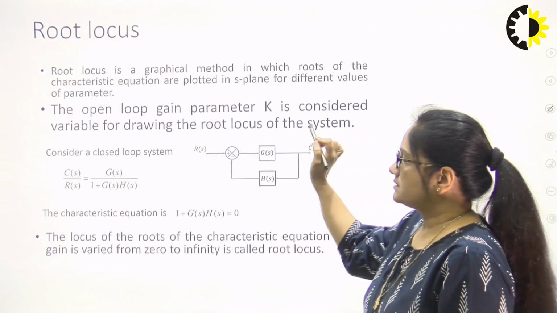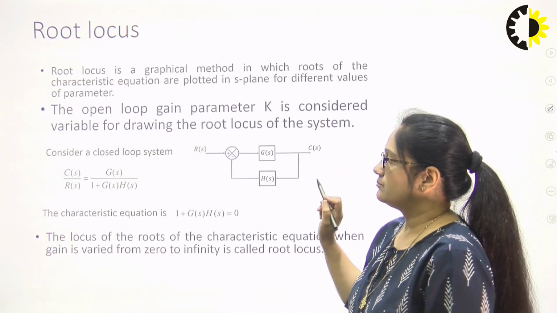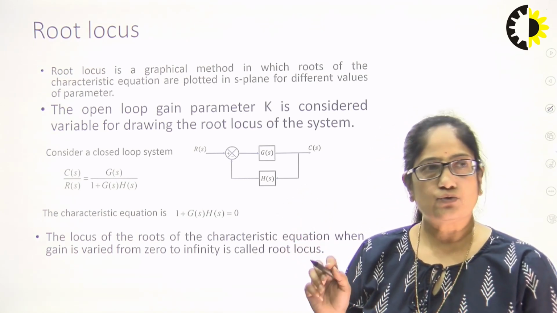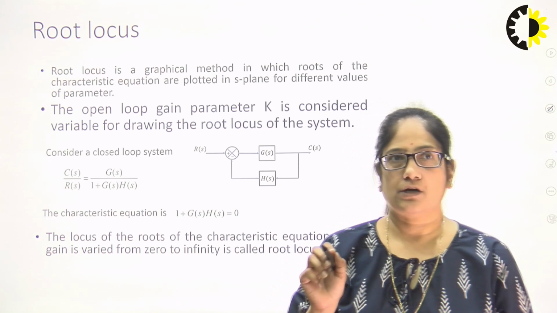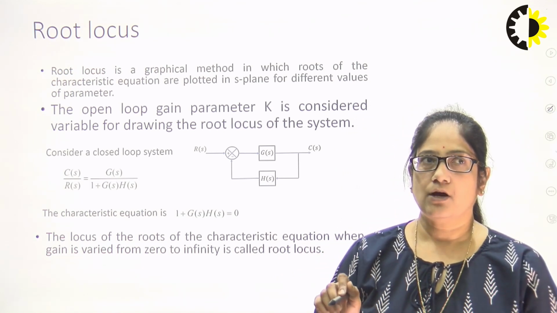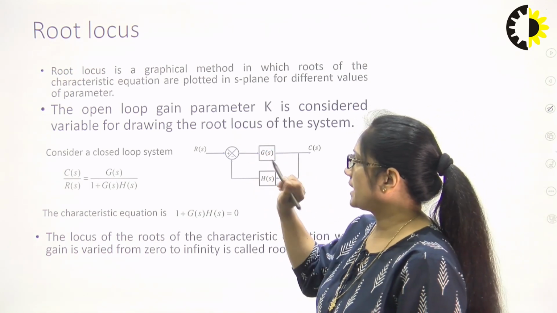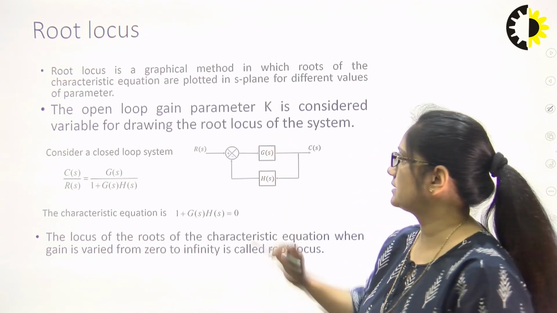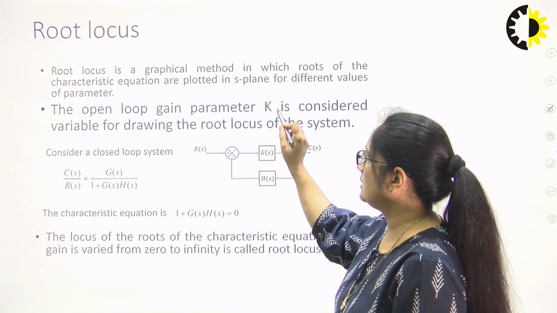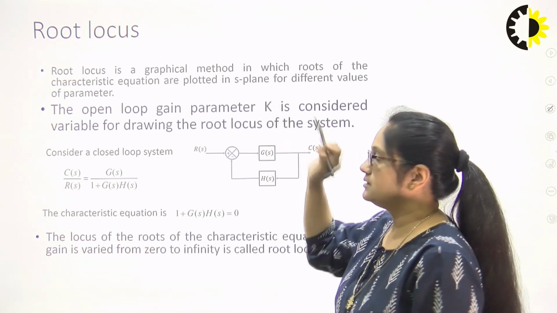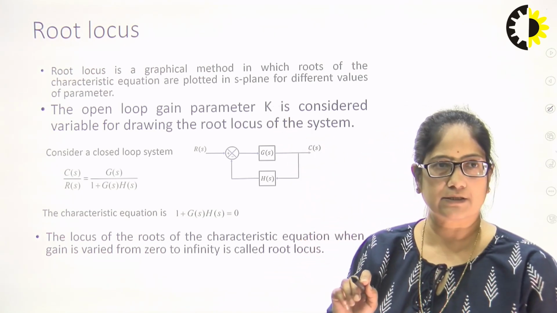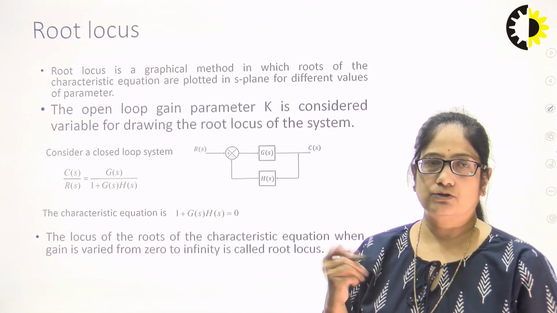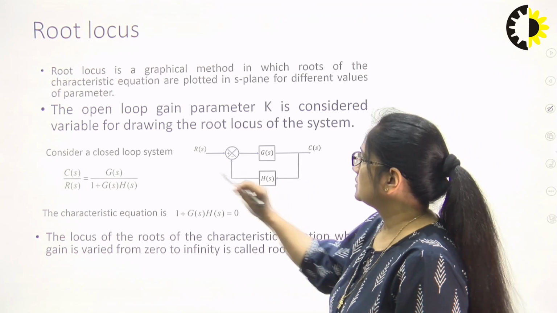So, the basic definition of root locus is a graphical method in which the roots of the characteristic equation are plotted in the S-plane for different values of the parameter. The varying parameter here is K, that is the gain K. It could be any parameter in the control system design process which could vary from the initial to the end point.